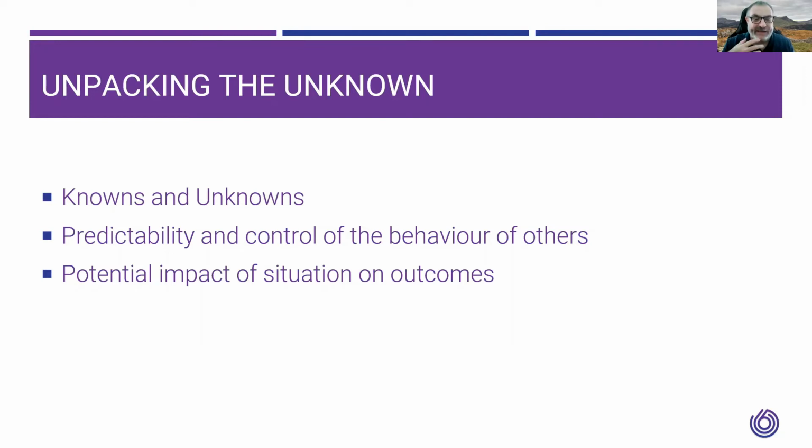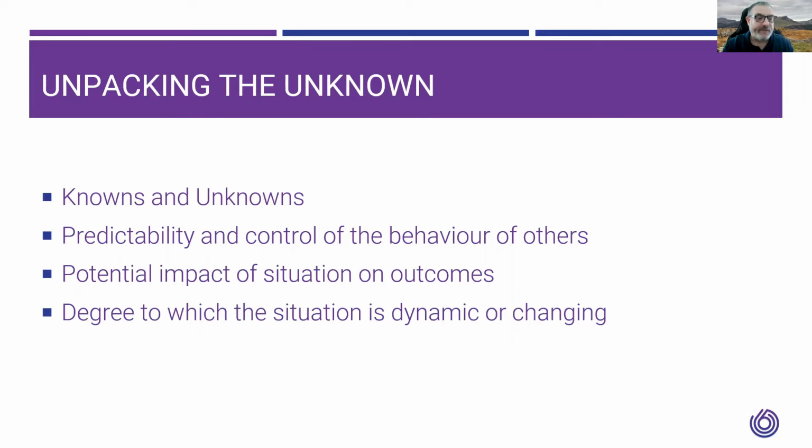So understanding that in the context of decision making is important, as is the degree to which the situation is dynamic or changing. So if we're trying to make a decision, we've got to understand, are we making this decision knowing that what's going on out there is going to change, or we think it's going to be relatively static?